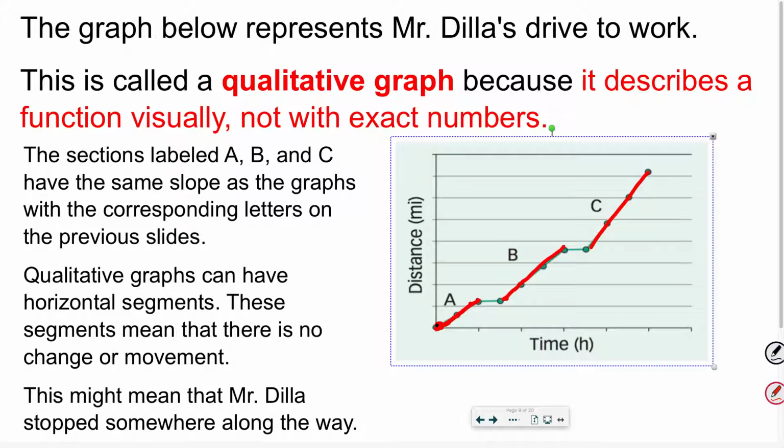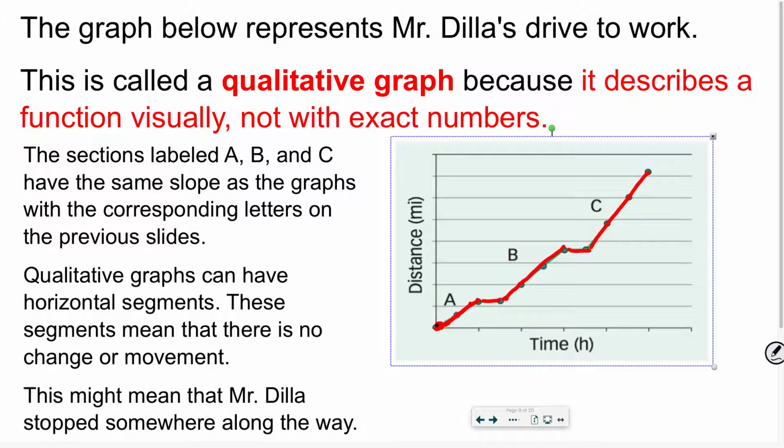The highway. But in between the neighborhood and the city streets and the highway, there are horizontal lines here. What do you think those mean? Think about what the axes represent. What's happening in that horizontal?